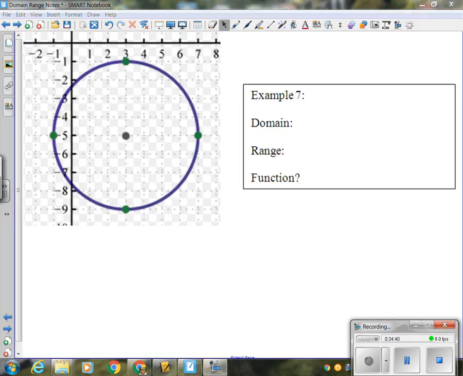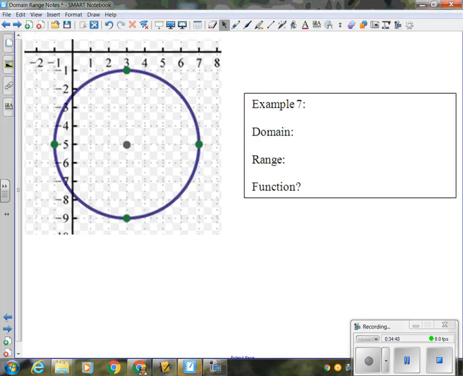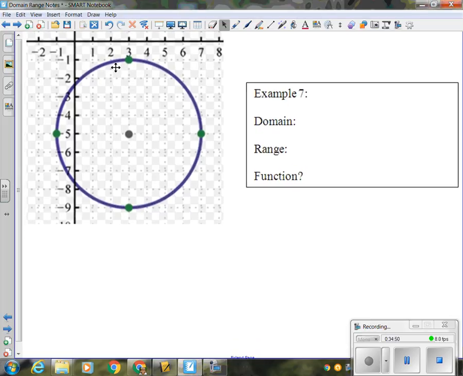All right. Let's do it together if we're stuck. We shouldn't be stuck. I'm going to find the coordinates at the top. I go over 3, down 1. So 3, negative 1. On the right, looks like 7, down 5. Are you seeing these the same as I?